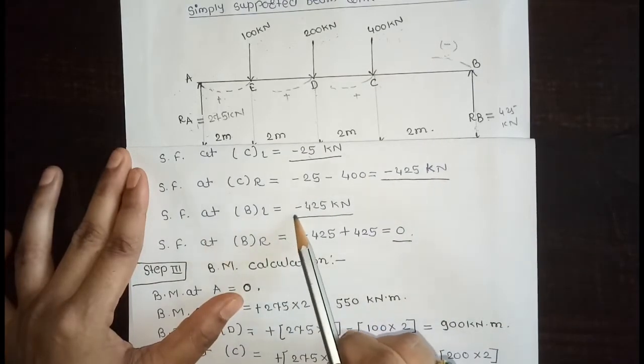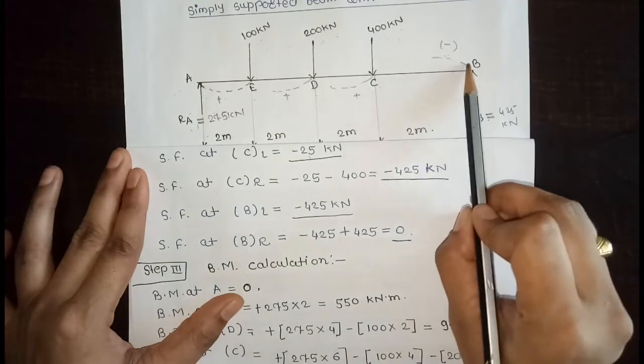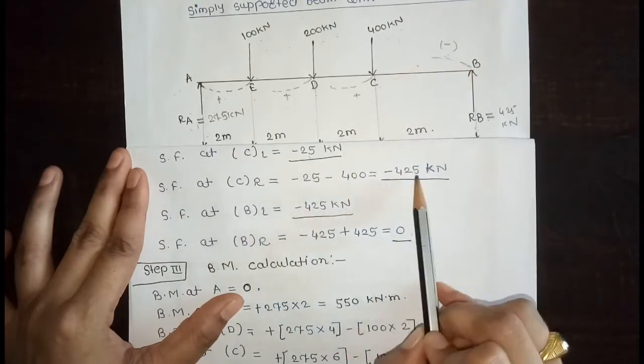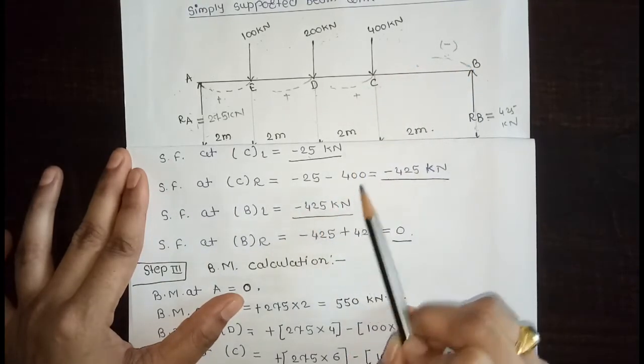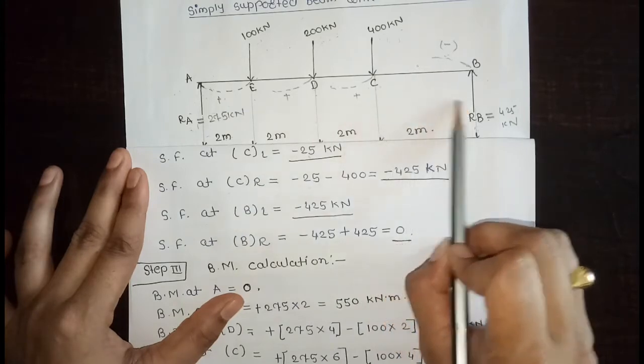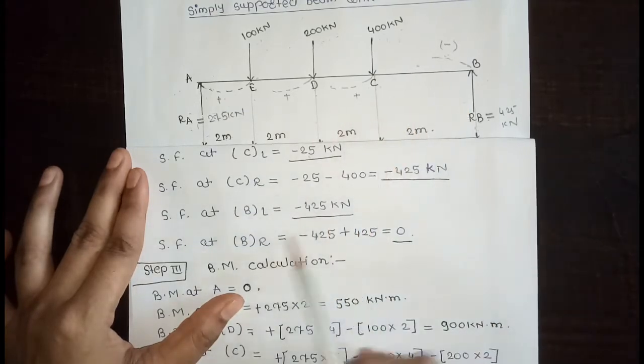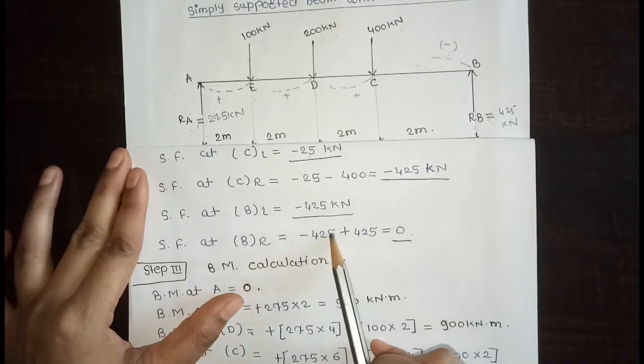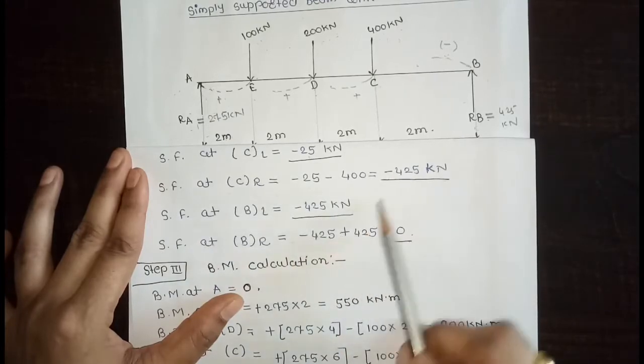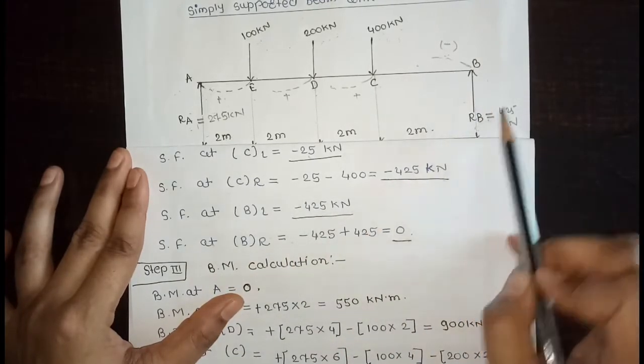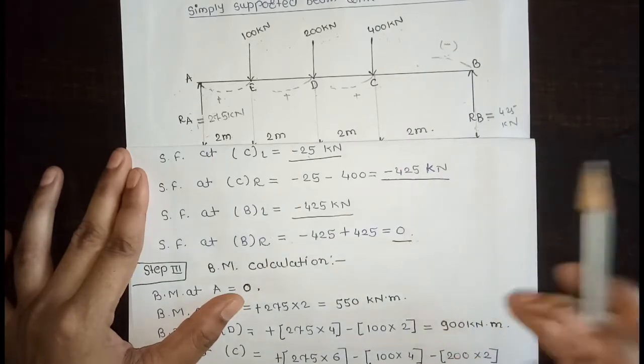SF at B left is equal to its previous value, minus 425 kilonewton, because there is no force in between points C and B. Then SF at B right is equal to minus 425 plus 425, which is equal to 0.